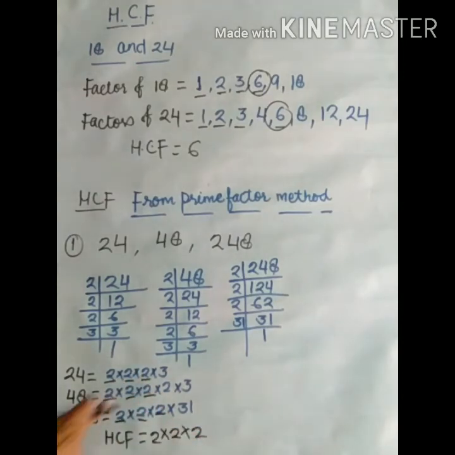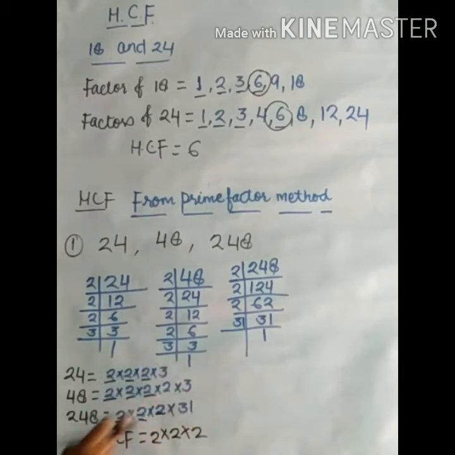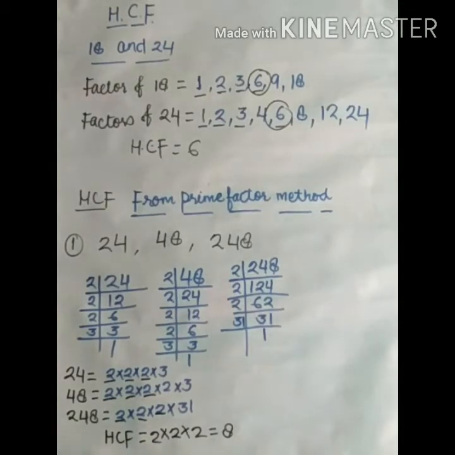Now 3 is present here and here, in both of the first two, but in the third one it is not present. So nothing common is left, and the product of 2 into 2 into 2 is equal to 8. So the HCF of 24, 48 and 248 is equal to 8.